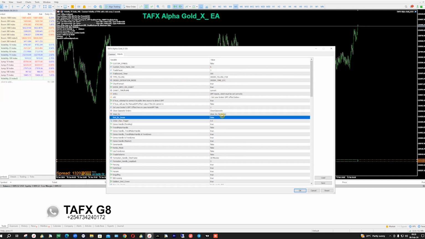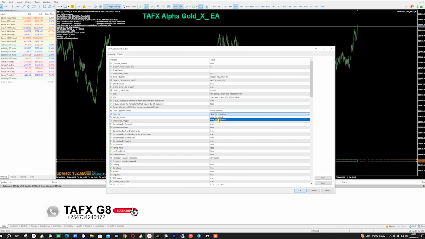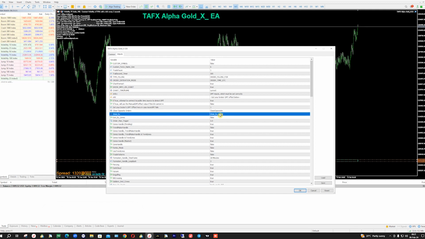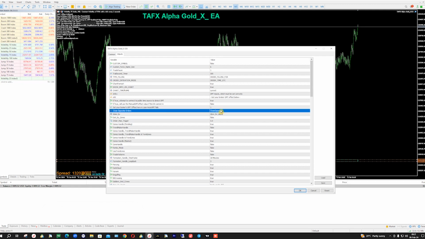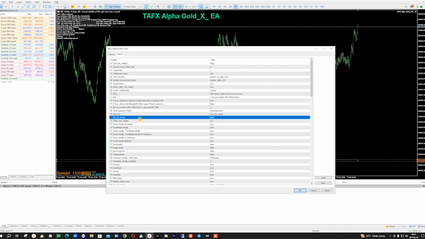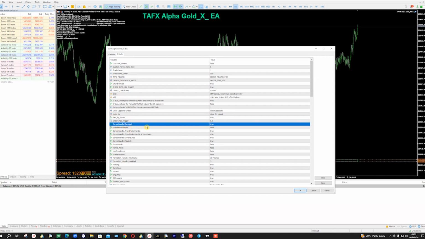Now let's set the setups of the break filter. So number one, remember this one, we are going to set close by signal. Here we have the close by opposite signal, close by opposite order, and also close by signal. We are going to use that one. Then we have the exit by zone. Exit by zone, we set it true. Then we are going to disable some strategies.